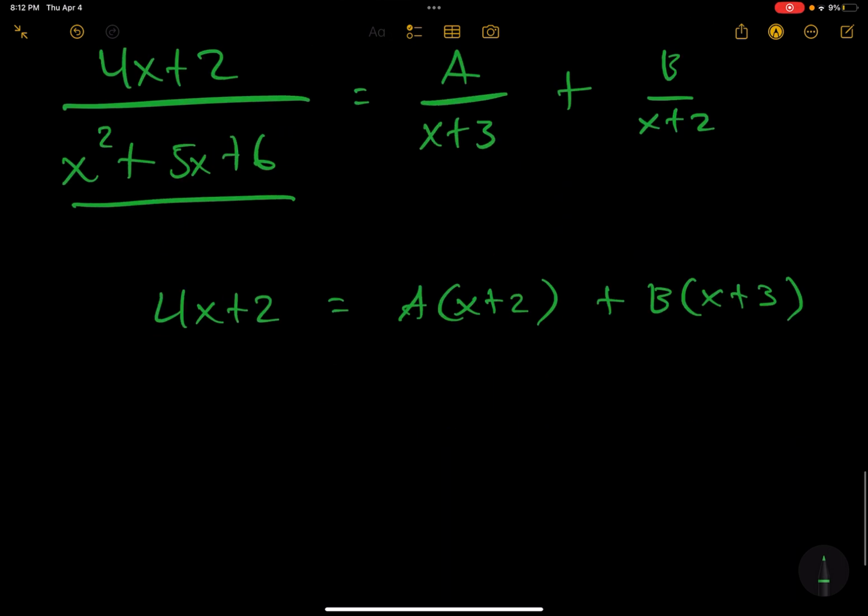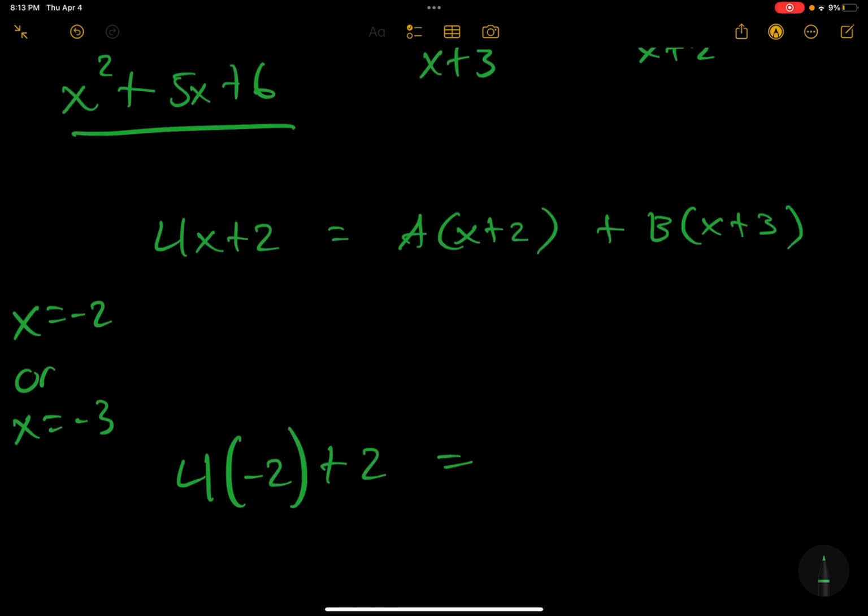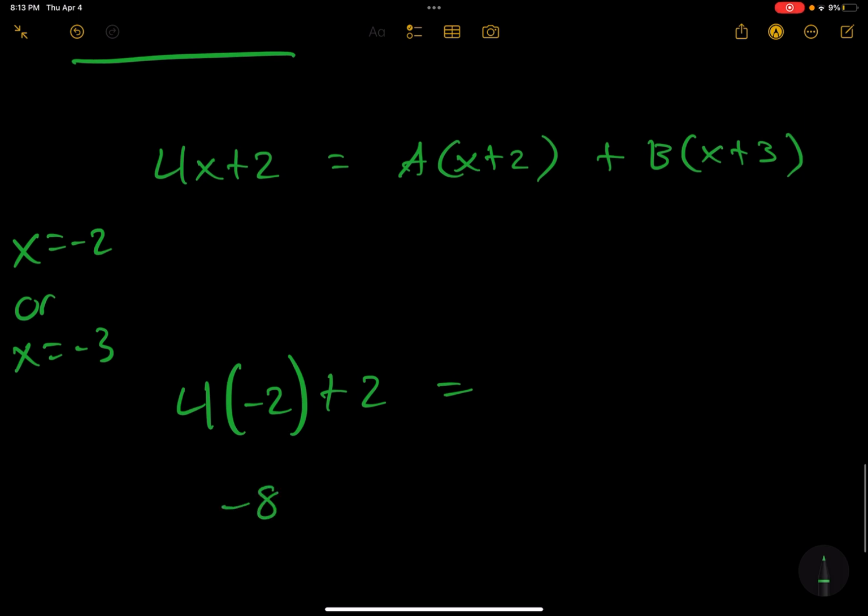And so the only difference is that when we substitute x equals minus 2 or x equals minus 3 to cancel a or b, we just have to substitute 4 times minus 2 plus 2 on the left side, so we just have minus 8 plus 2.